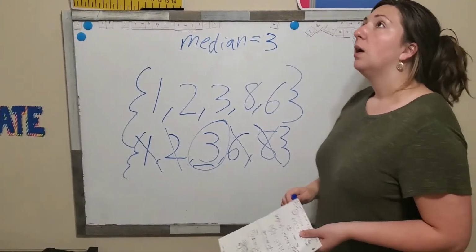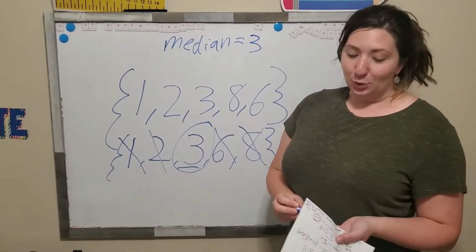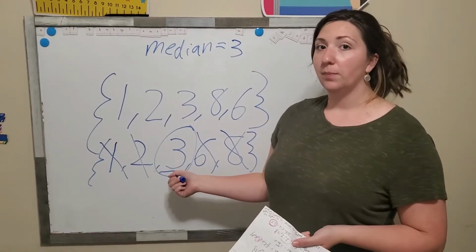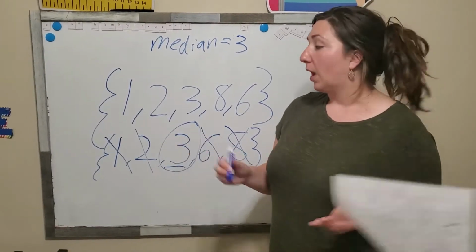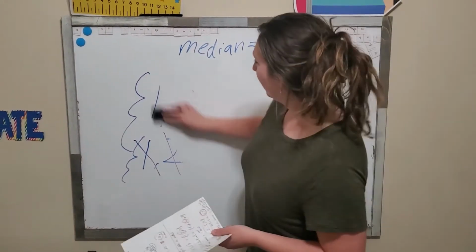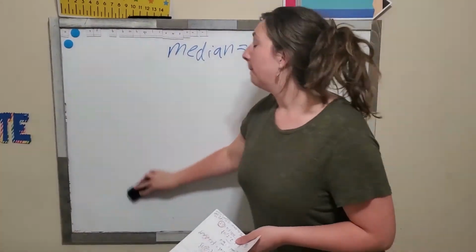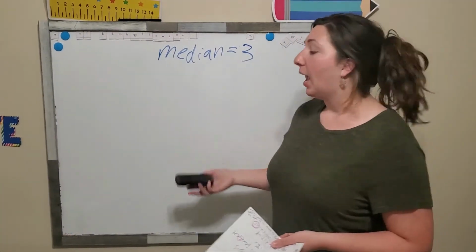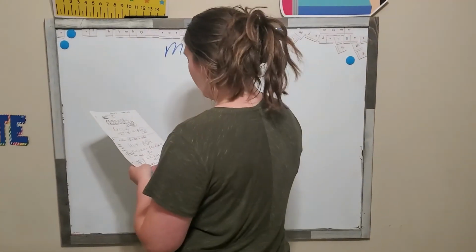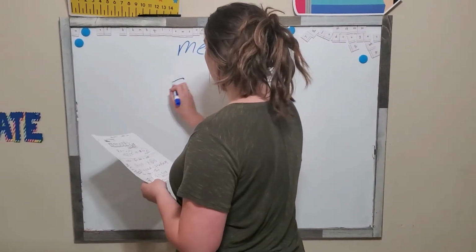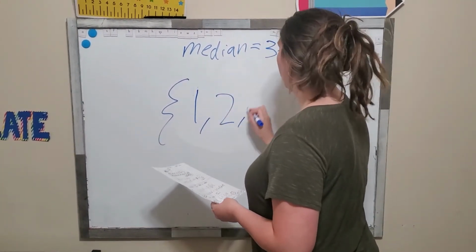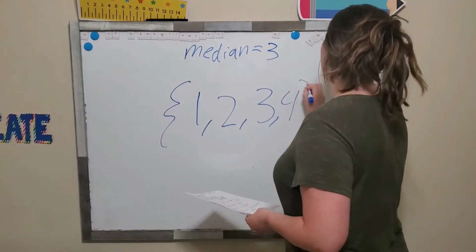Okay, median can be a little tricky because sometimes there will be 2 numbers in the middle. So what do we do? I'm going to tell you. You find the mean of those 2 numbers, and that's going to give you the answer. Let's try an example with this data set: 1, 2, 3, and 4.